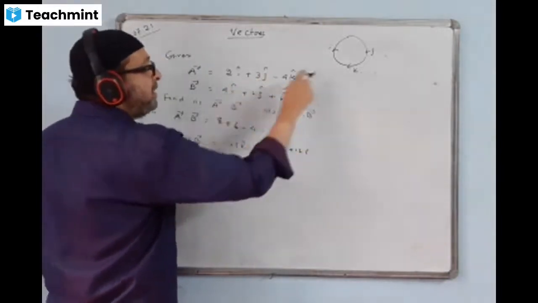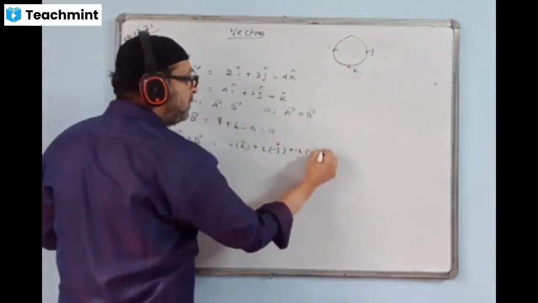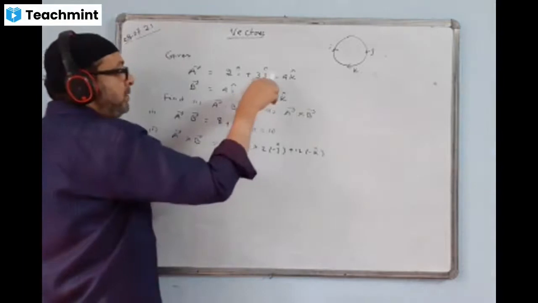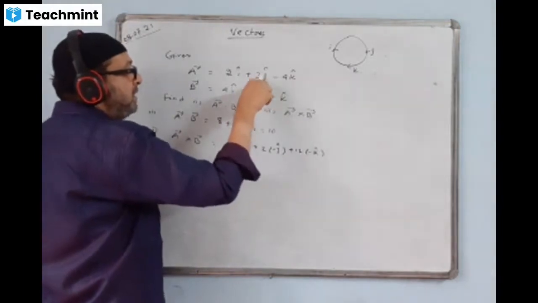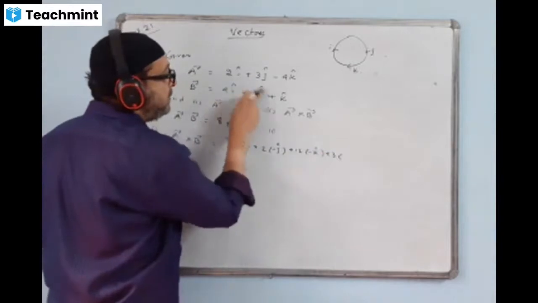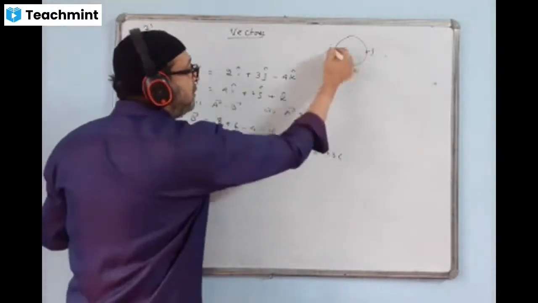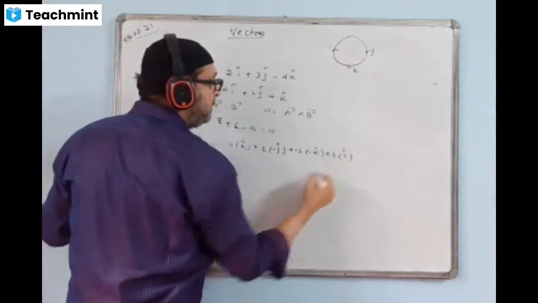J into I, j cross i will give the answer minus k, just opposite. Then I will write this into this. Sign is plus, 3 ones are 3, j cross k gives i, I will write that.